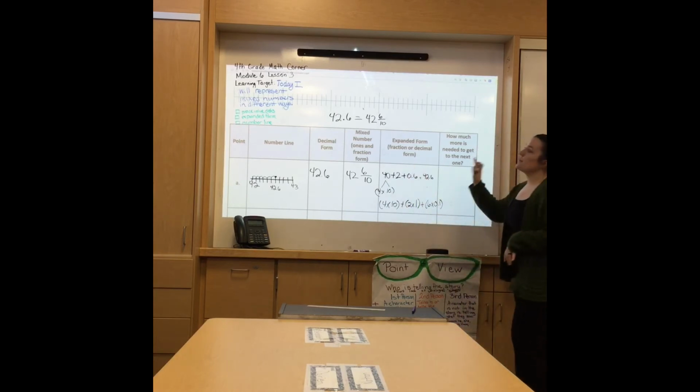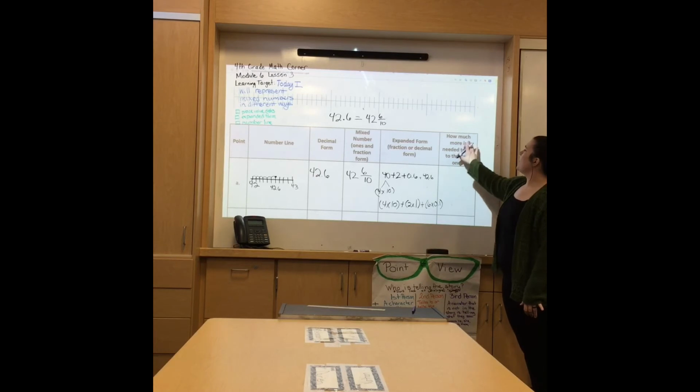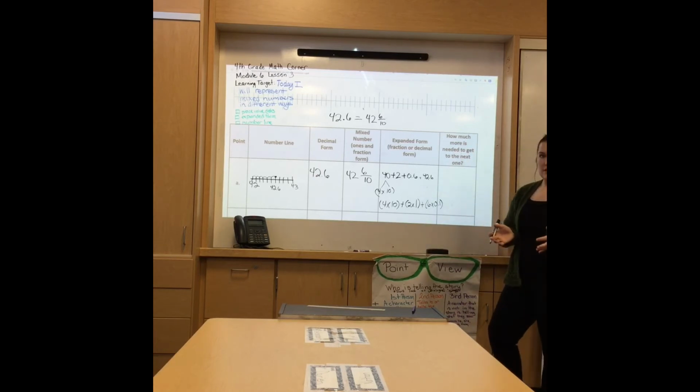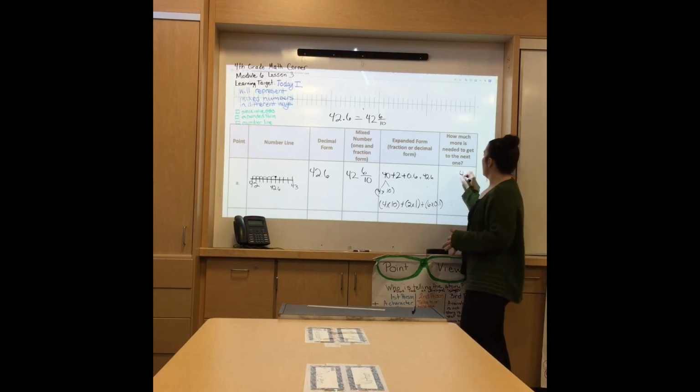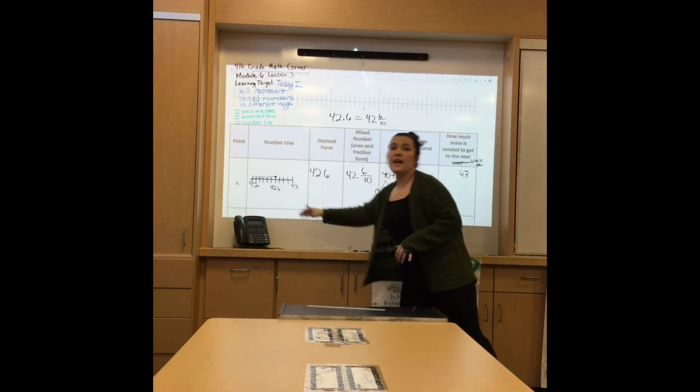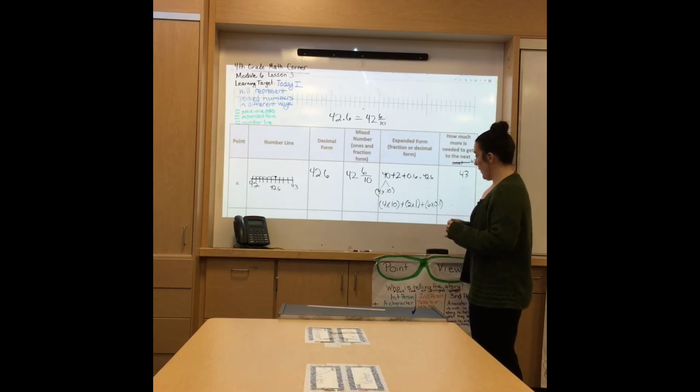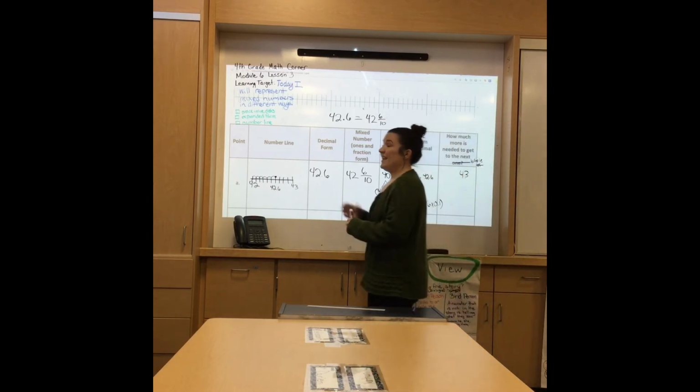Okay? And so the last part of our template says how much more is needed to get to the next one. So the next one, this one is going to be 43, because we're going to say the next whole number. Our next whole number is 43. If we come back over to our number line, we can hop it.